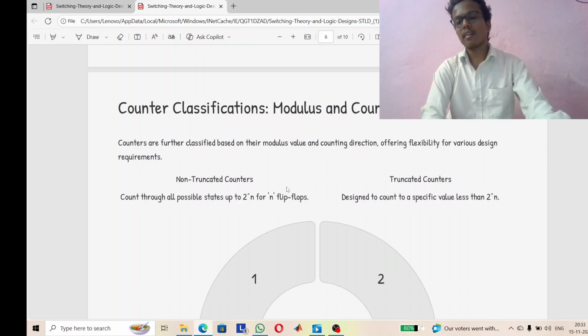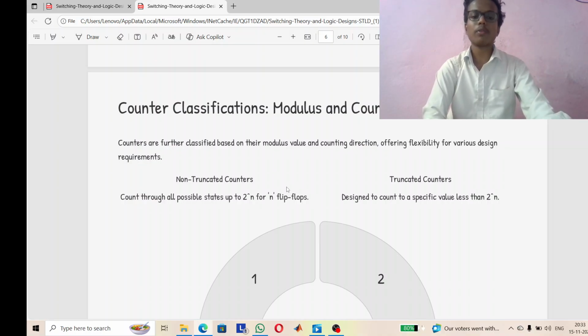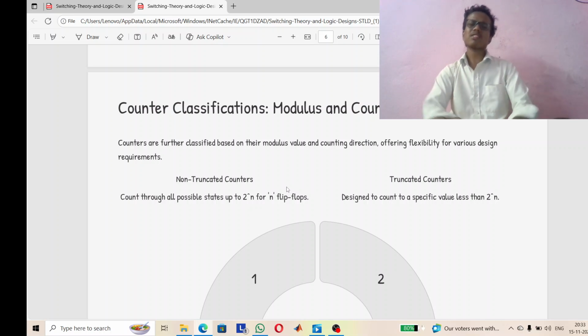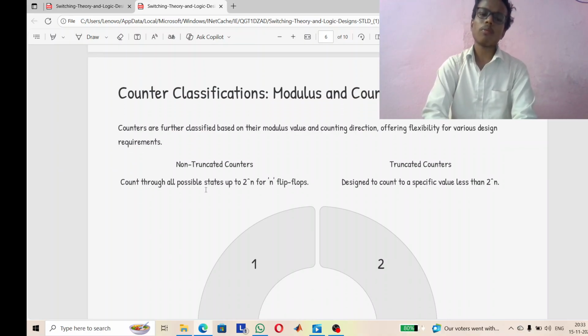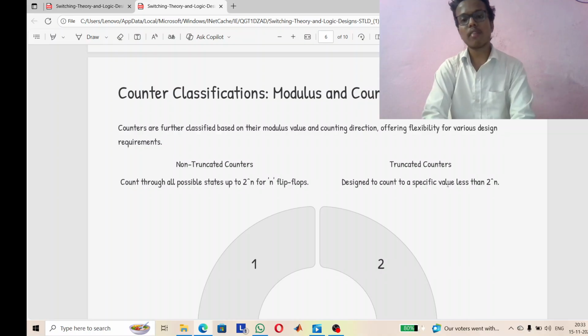The synchronous and asynchronous counters are again subdivided into non-truncated counters and truncated counters. First, non-truncated counters count through all possible states, up to 2 power n for n flip-flops. Truncated counters, instead, are designed to count to a specific value less than 2 power n.